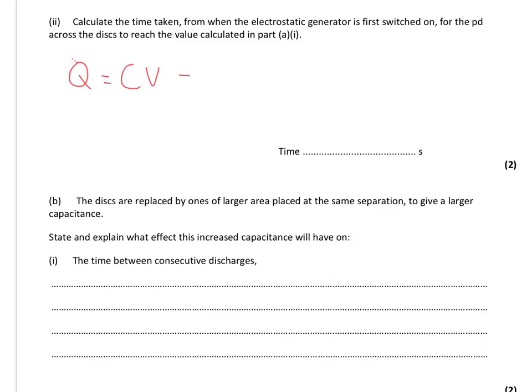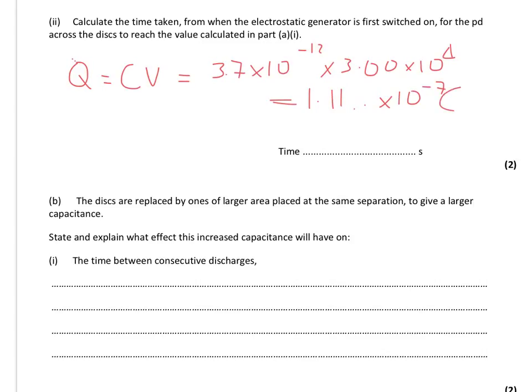So that's using this equation. So then let's put in our capacitance, and our potential difference. And that gives you 1.11 times 10 minus 7 coulombs.